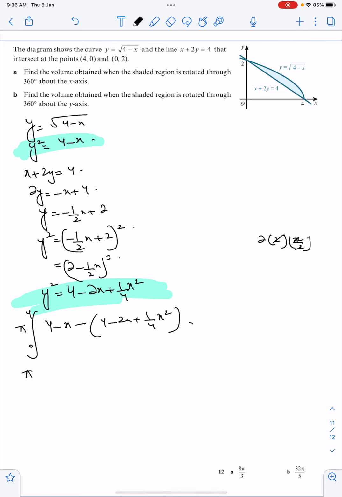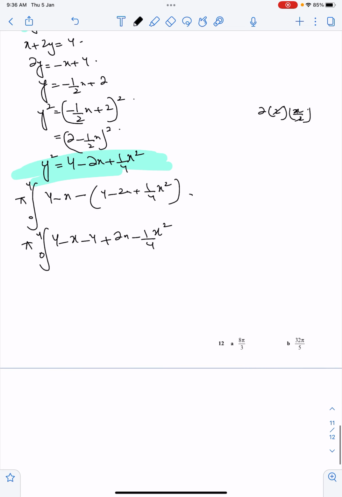Let me simplify it and then we're going to start with the integration. 4 minus x minus 4 plus 2x minus 1 upon 4x square. If I simplify this, I'll get x minus 1 upon 4x square.